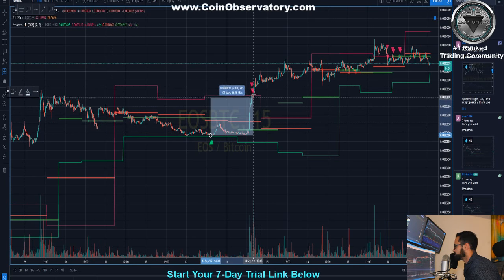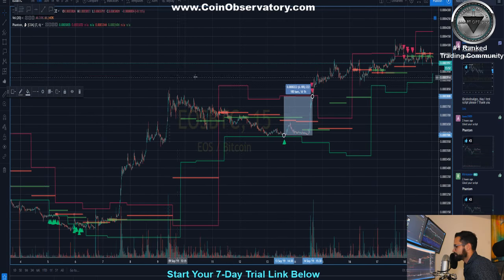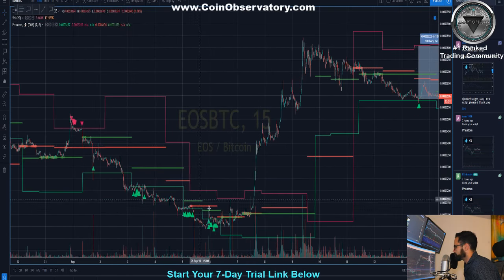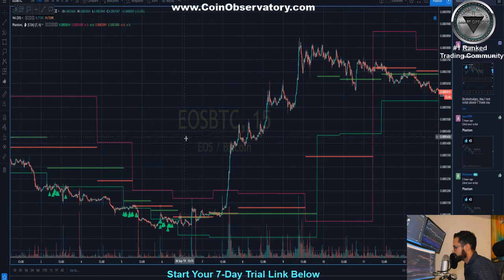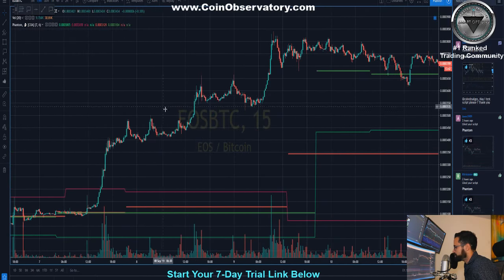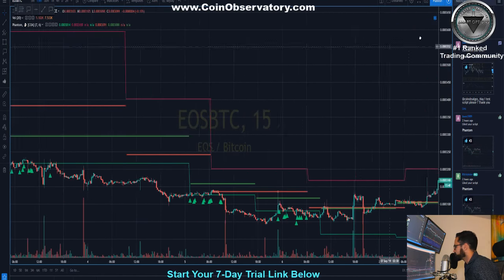Taking this signal, 6% in a day, in 2 hours, if you wanted to just get out there, right? Once again, on the 15, you're getting these really, really good strong buy signals here, or even here when we start getting closes above the actual midlines.